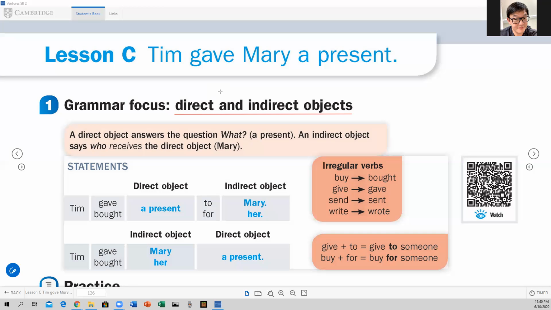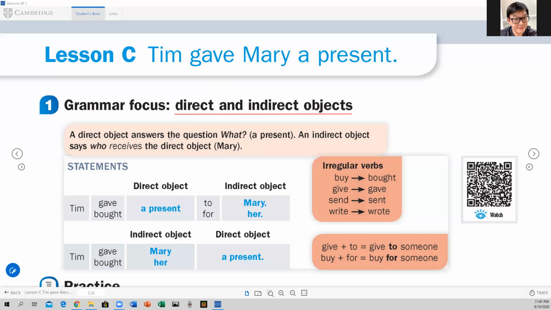What is an object? An object, as the name says, is something that is being referred to by the verb. When the verb refers to something, usually the verb refers to an object.